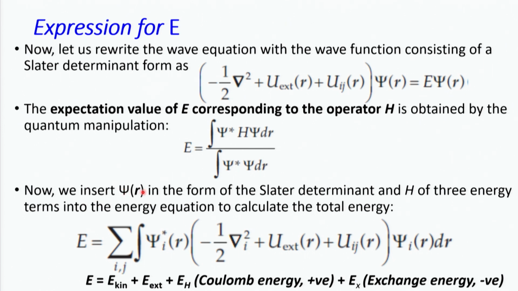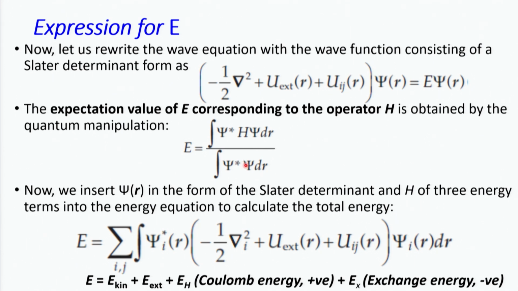Now we insert this psi in the form of the Slater determinant and the energy terms in the energy equation to calculate the total energy. For each of the electrons in the system, you can calculate the total energy of the system using the overall Hamiltonian operator operated on the wave function.